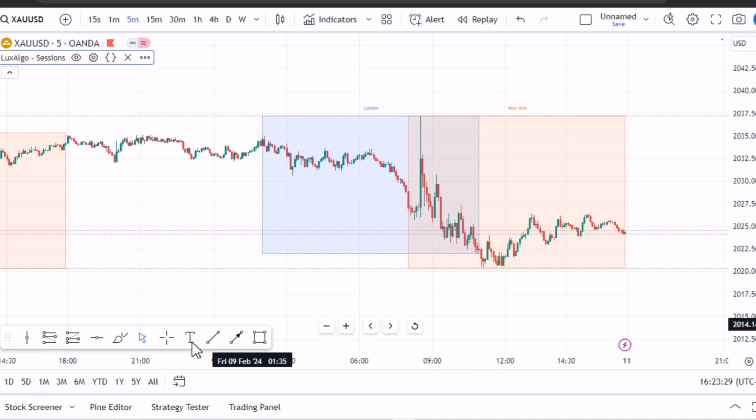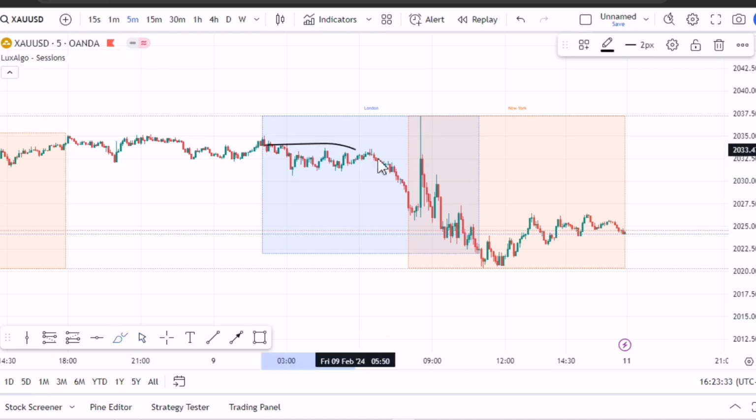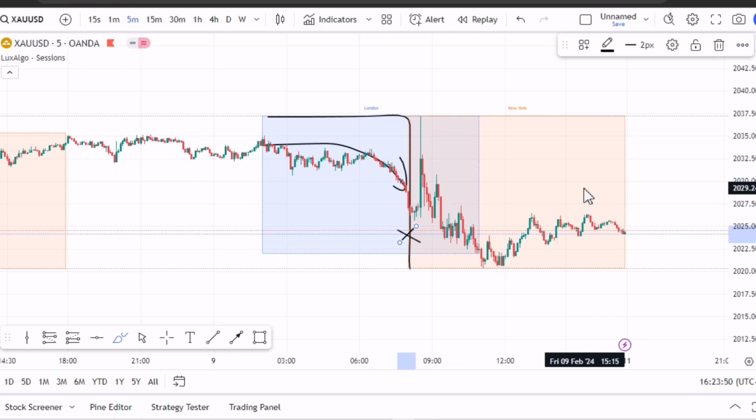So you have to observe the bigger move on the London session alone. Notice that you have the London session up to this point, and from this point you have the beginning of the New York session. So your observation should be only on the London session.